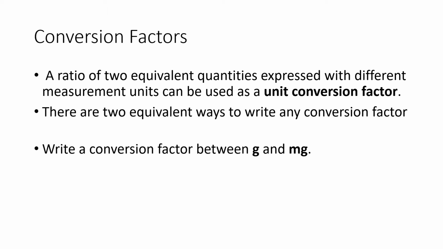So for an example, we want to write a conversion factor between grams, that will be our base unit because there's no prefix in front of it, and milligrams. We know it's milligrams because it has the lowercase m out front. Looking at our chart, there's two different ways that we could write this.